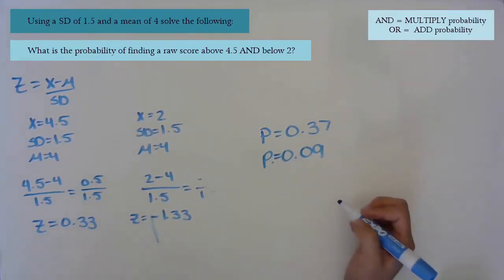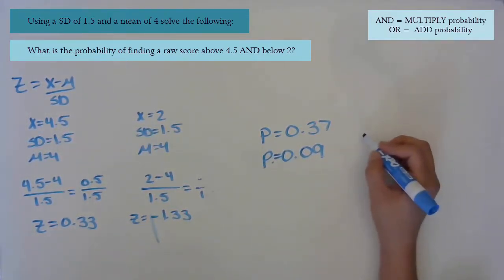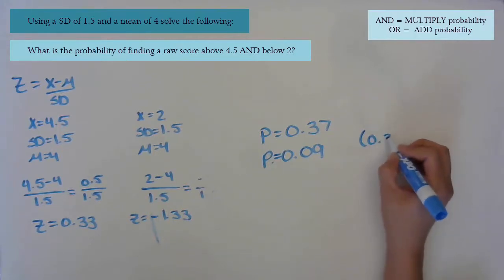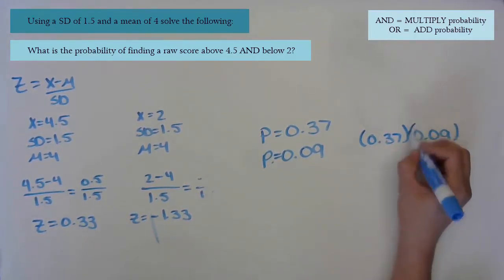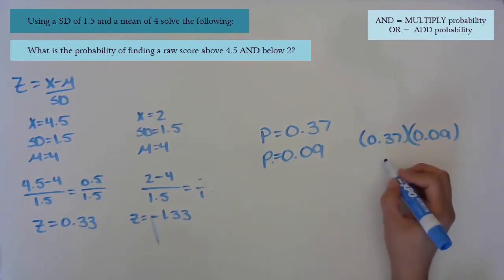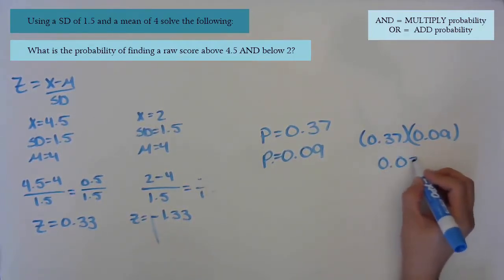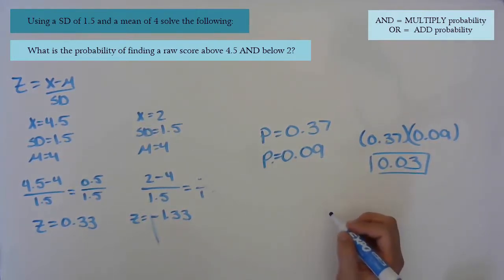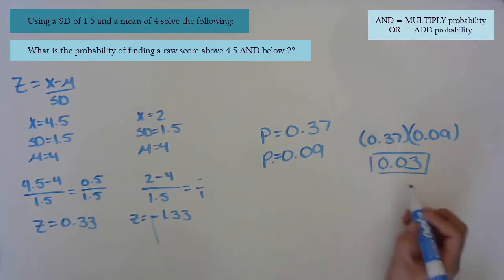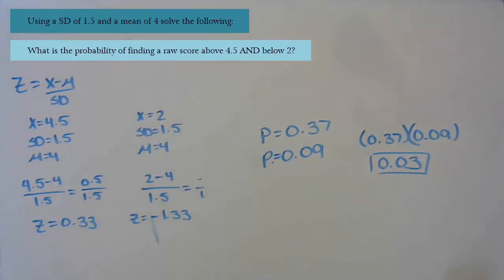Because that word and was in there, we are going to multiply 0.37 by 0.09, and that is going to give us our final answer of 0.03. Okay, so the probability of finding a raw score above a 4.5 and below a 2 is 0.03.